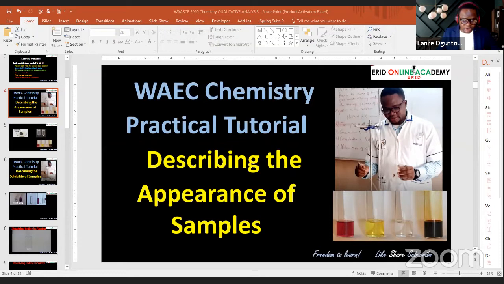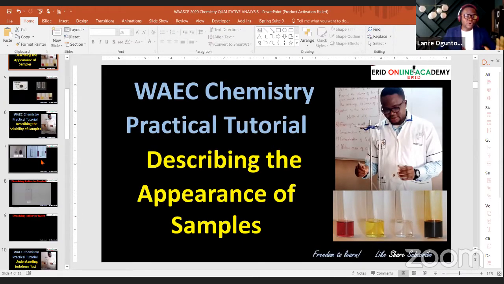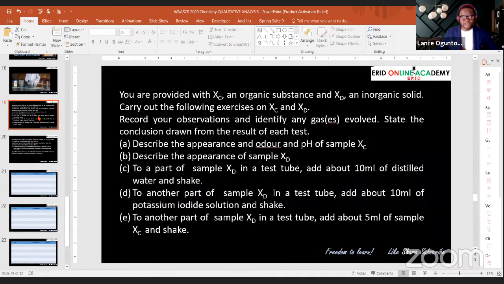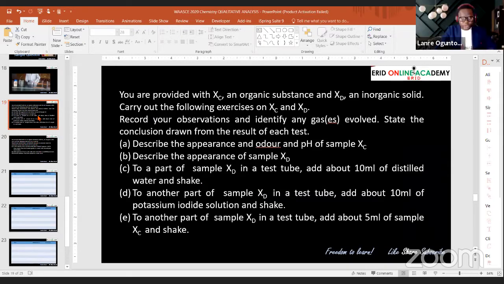So let's go straight to this qualitative analysis. Can you hear me, please? Yes, sir. For your qualitative analysis, they will set questions like this for you, usually question 2, 2A and so on. You take the questions and carry out the tests written in the question paper.